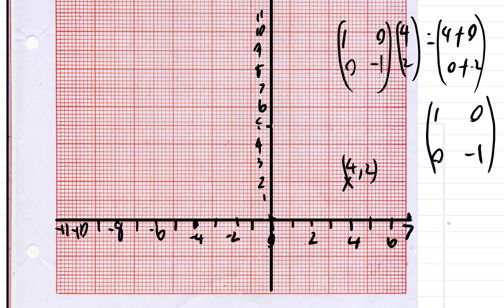So what you get as the answer is 4, negative 2. Where is 4, negative 2? It will be down here.